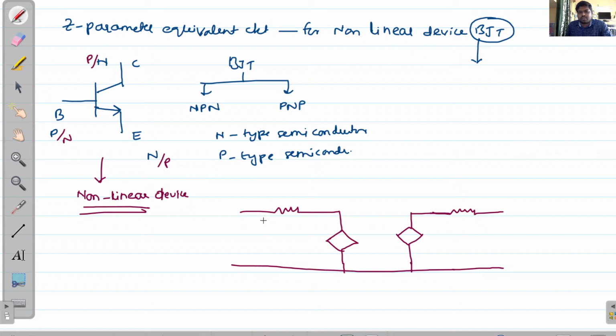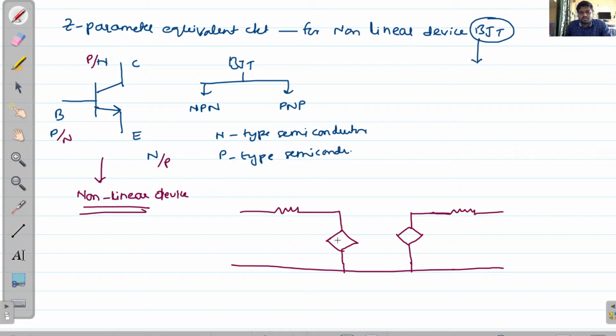That is the efficient one. We can easily analyze a series network with the help of Z parameters. Not only Z parameters, you can use Y, H, G, A, B, C, D, and inverse transmission parameters also, but the easiest possibility is Z parameters for series networks.